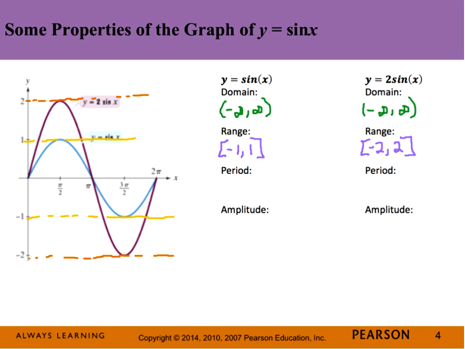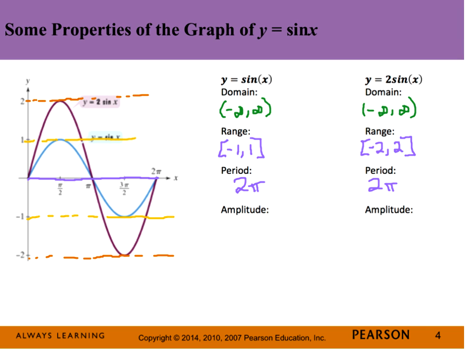All right, the period. Remember, the period is how far one cycle of the function spans. And for both of these, the period is 2 pi. It passes through its 3 x-coordinates, and it has a minimum and a maximum. So that's going to constitute what one cycle is, passing through the x-axis 3 times, 1 maximum, 1 minimum.